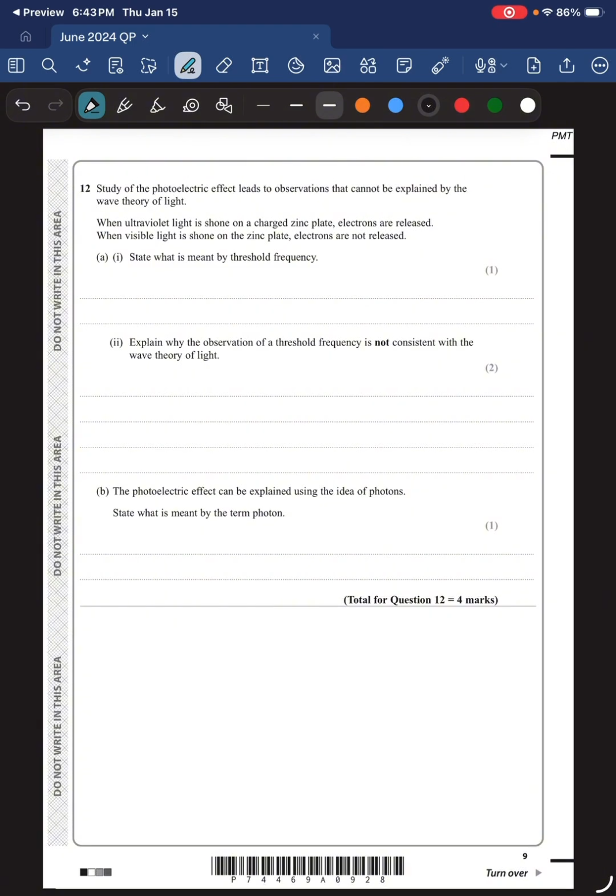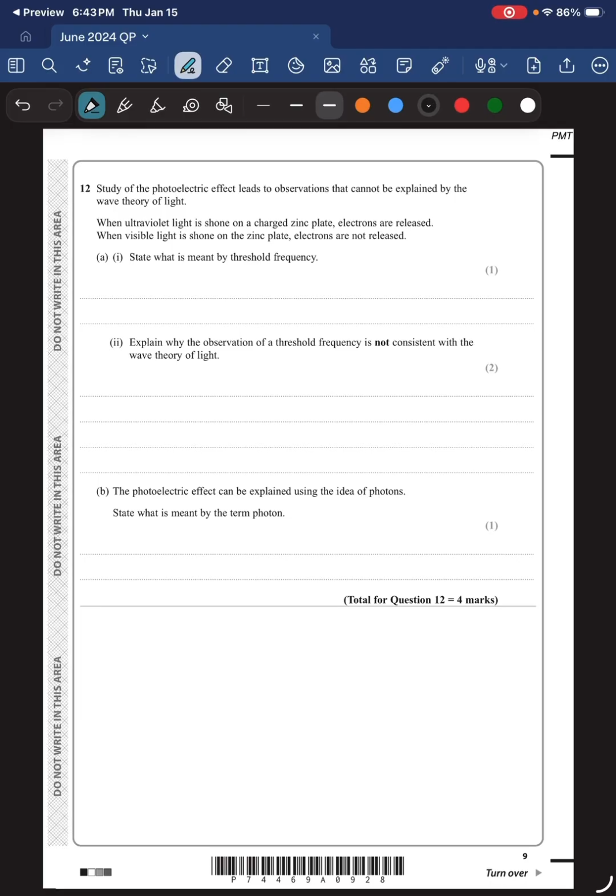When light is shown on a charged zinc plate, electrons are released. When visible light is shown on the zinc plate, electrons are not released. State what is meant by threshold frequency.